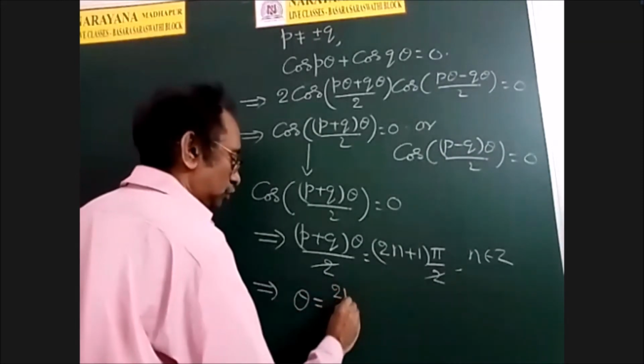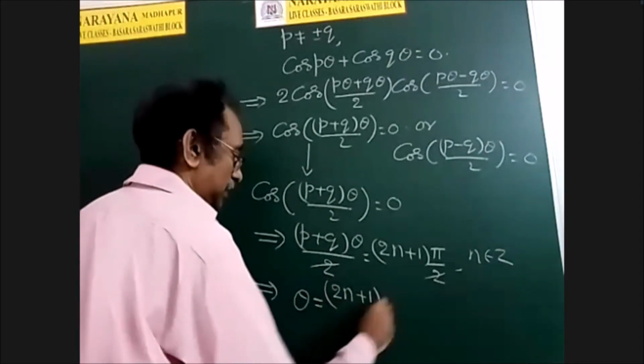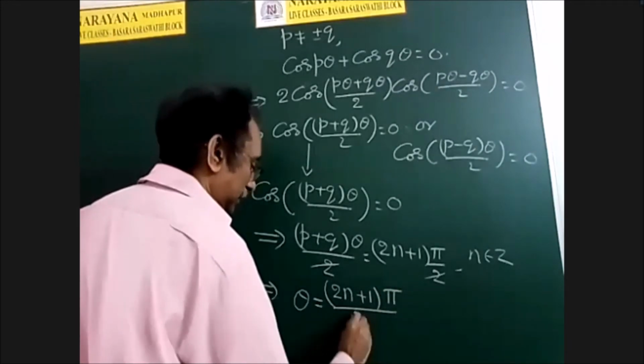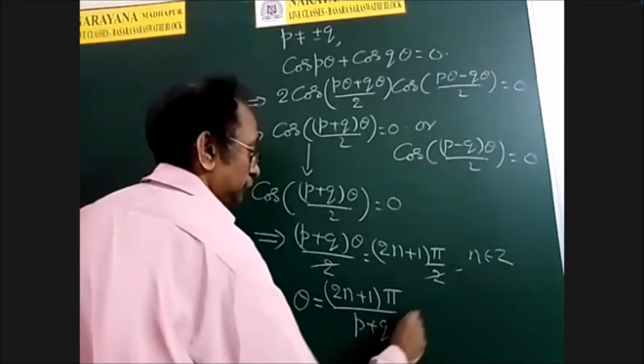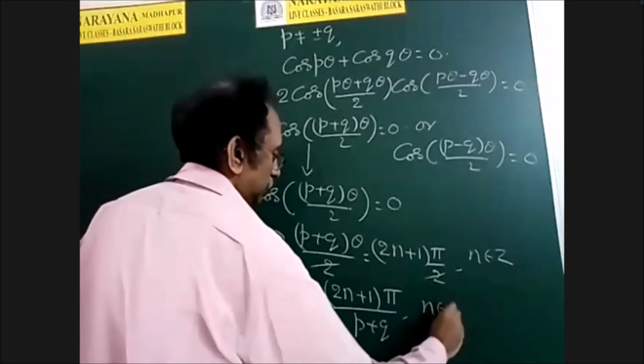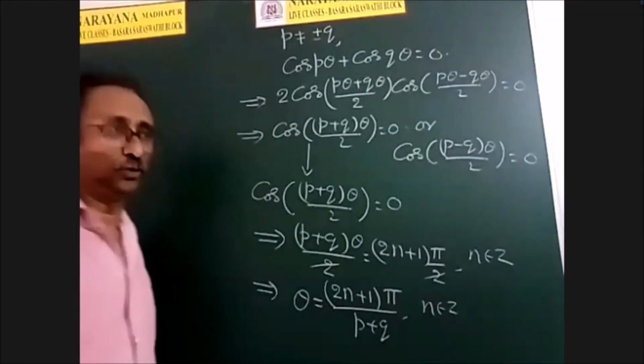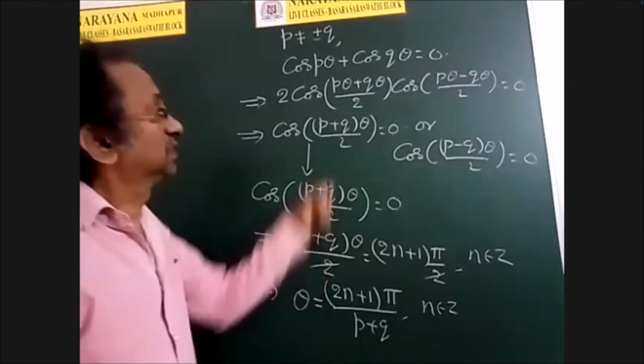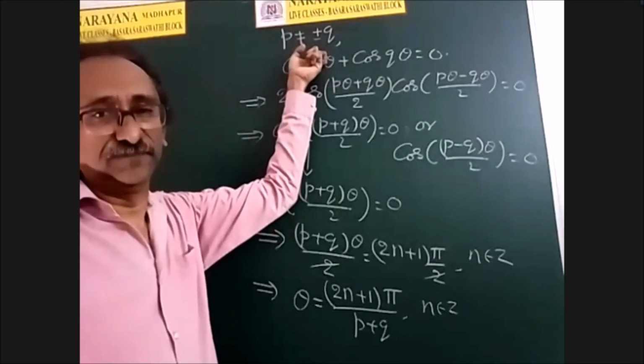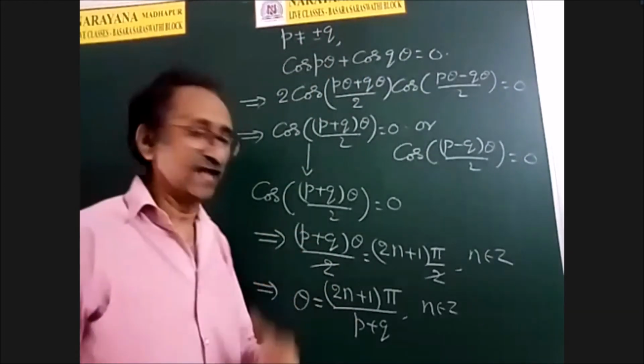Theta is equal to (2n plus 1) into pi by (P plus Q), n belongs to Z, and this is the solution set. Solutions are nothing but the values of theta which satisfy that equation.